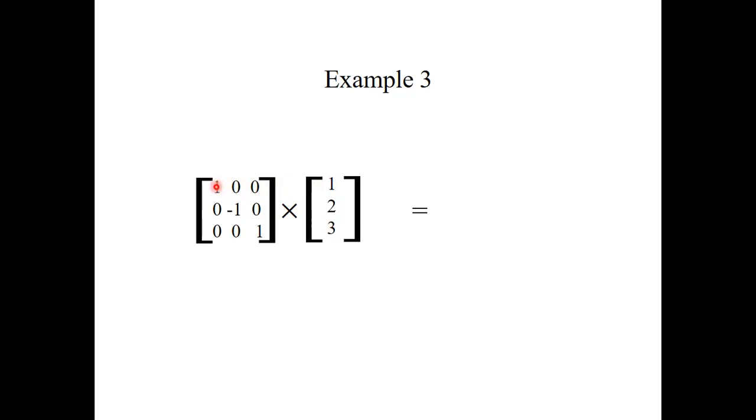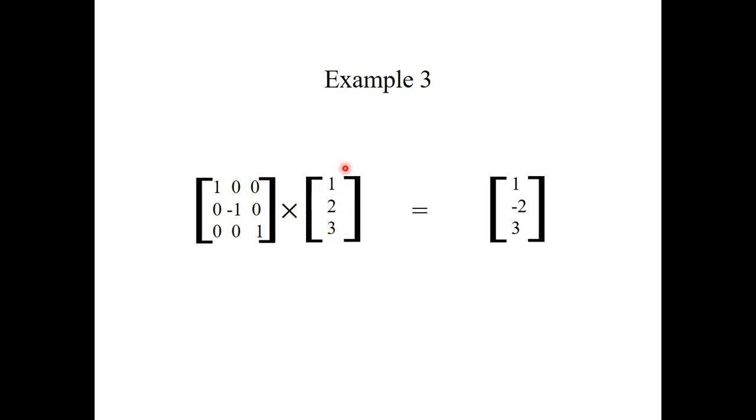So we have 1 times 1 plus 0 times 2 plus 0 times 3. That would give our first entry, and that's overall just 1, because 1 times 1 gives 1, and 0 times 2 gives 0, and 0 times 3 also gives 0.